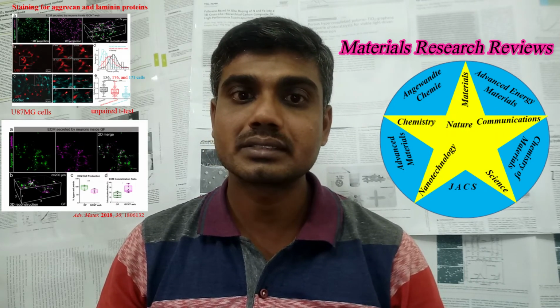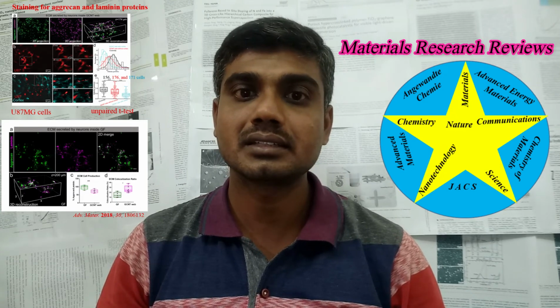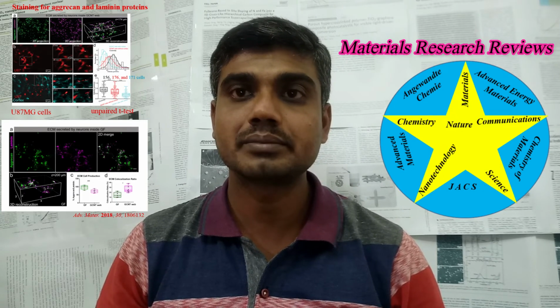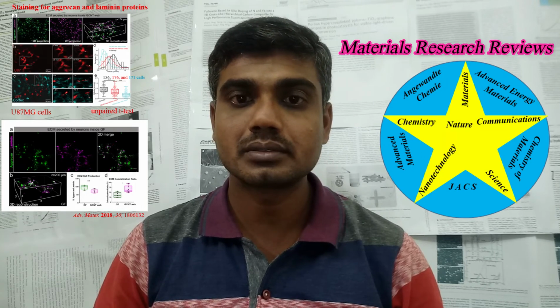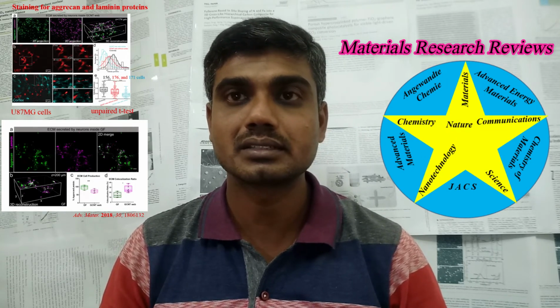Here you can see the selected area they took, and they did different time points, from 0 to 52 minutes. You can see the cell migration, several micrometers, over 0 to 52 minutes.